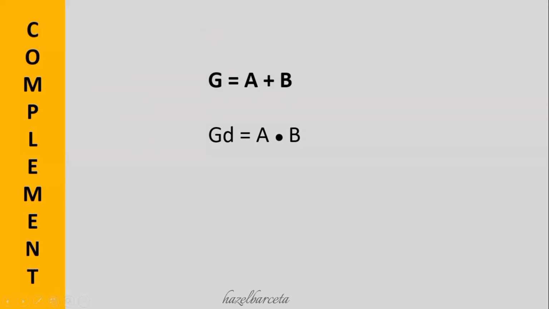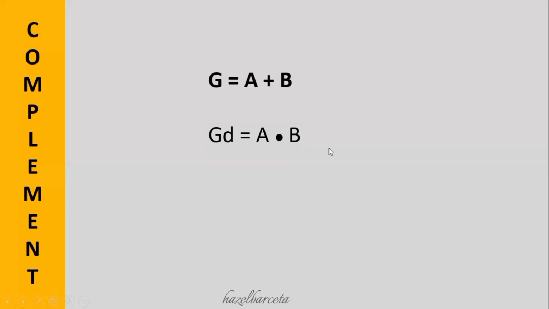Getting the complement. Sa complement naman, papalit yung and to or, or to and, 0 to 1, 1 to 0. Bakit hindi po natin pinapalitan yung 0 and 1 dito? Kasi internal na lang po yun. Wala po sa ating given. So, wala po tayong 0 and 1. All we have is the plus and the times. Okay?